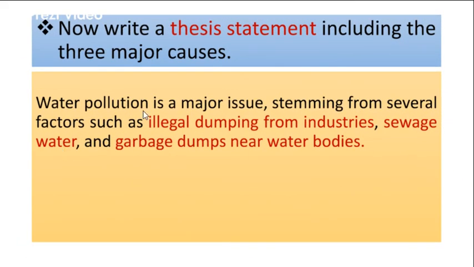Water pollution is a major issue stemming from, which means caused by or resulting from, several factors such as illegal dumping from industries, notice those 3 ideas I brainstormed, sewage water, and garbage dumps near water bodies. This is my thesis. I wrote it, so I have the final part of my introduction. Let's move on.